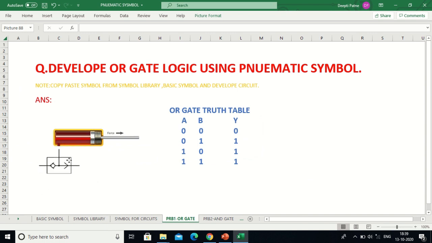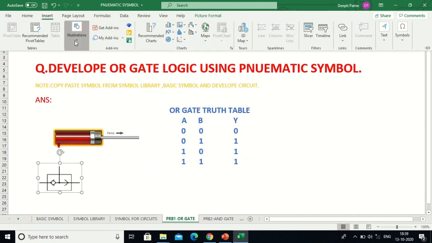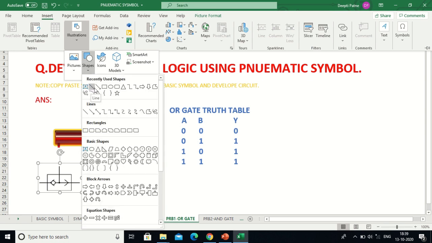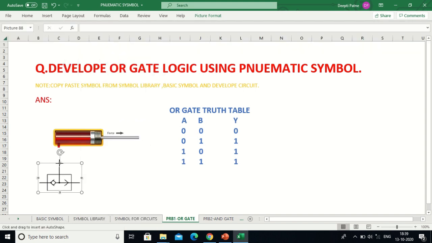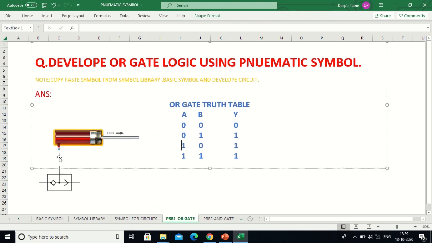You can directly connect it, otherwise you can go into Insert, then Illustrations, then Shapes. In the shapes you will find various lines and arrows. Depending upon the flow direction you can choose one and connect it there. I will just make it more clear in this case.